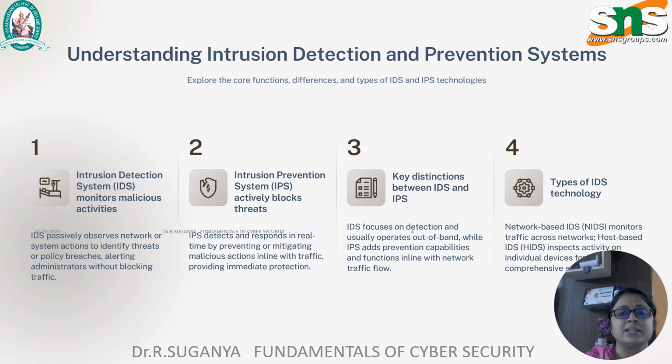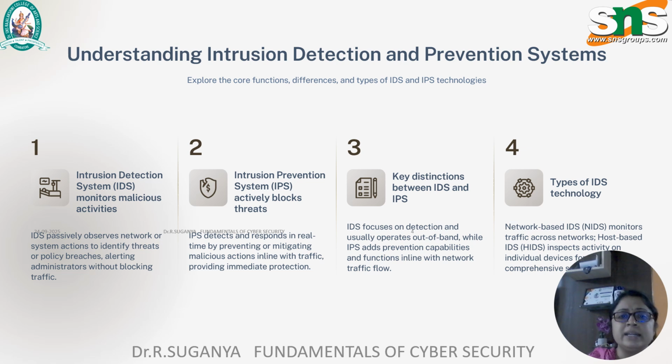Intrusion detection system monitors malicious activities like data breaches, alerting the administrators, and monitoring traffic. Intrusion prevention actively blocks the threat, so it will prevent it. It has to respond in real time with traffic, providing immediate protection.